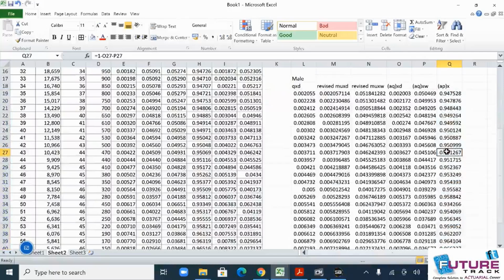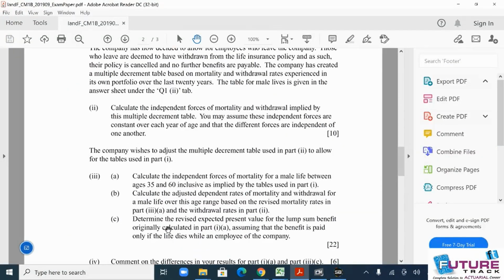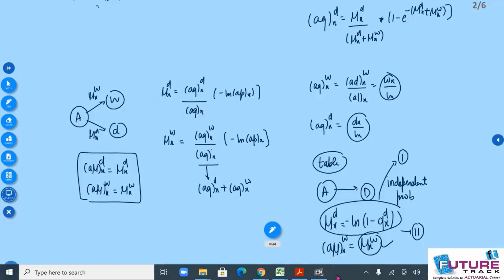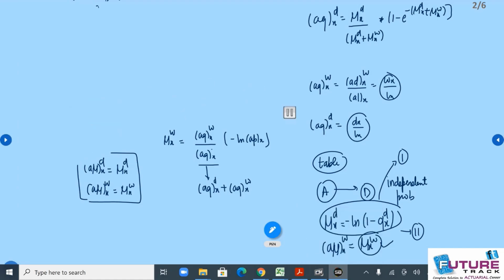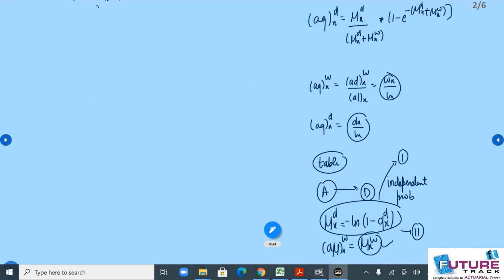Fine. Now class, next part what is asked? He says determine the revised expected present value of lump sum benefit. Now lump sum benefit of 1, class, let's apply the formula here. Now class, we have two decrements. So what is my EPV of benefit now?